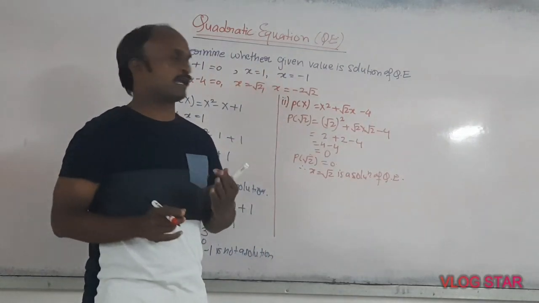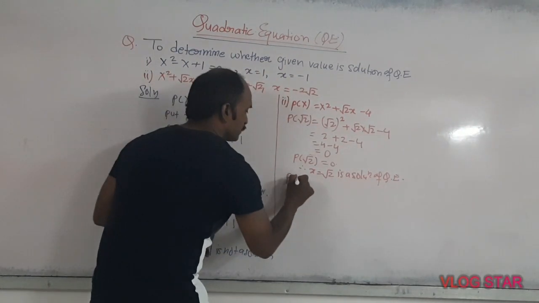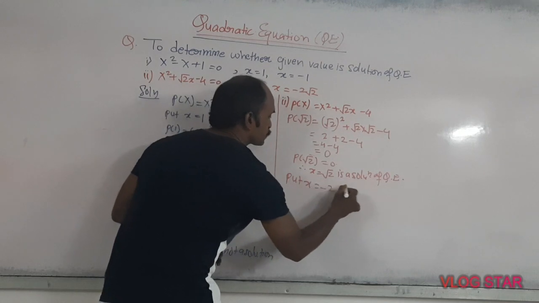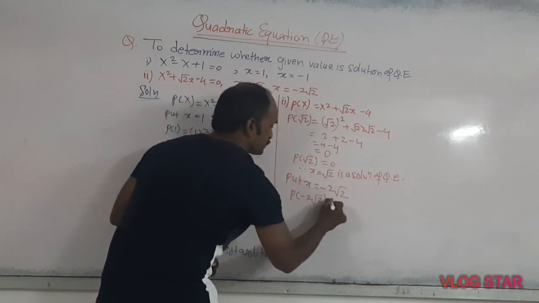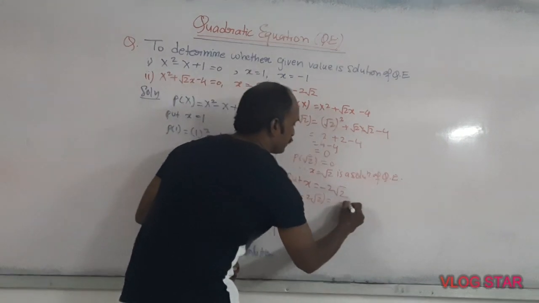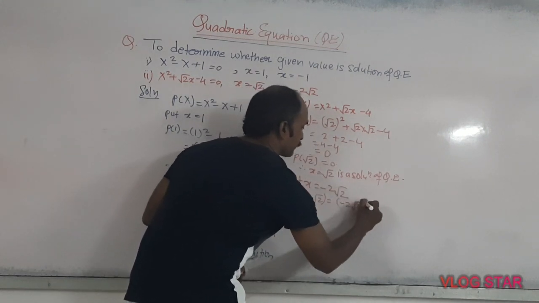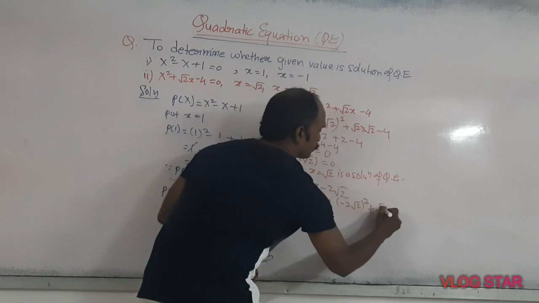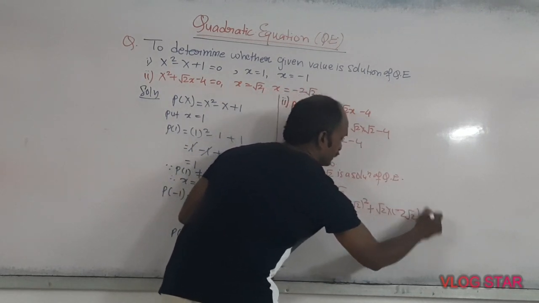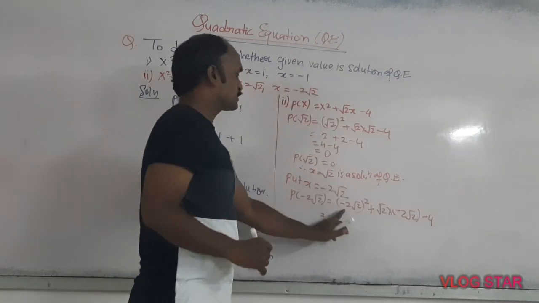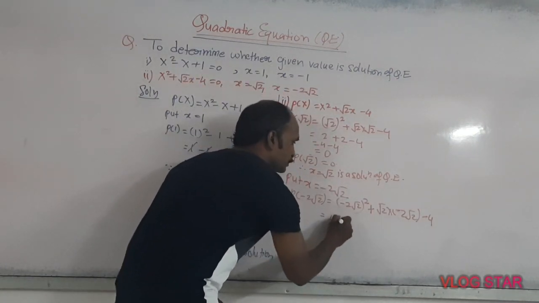Now we can discuss the second one, that is put x is equal to minus 2 root 2. So p of minus 2 root 2 is equal to 2 root 2 square plus root 2 into minus 2 root 2 and then minus 4. We will get square of 2 root 2 is 4 into 2.